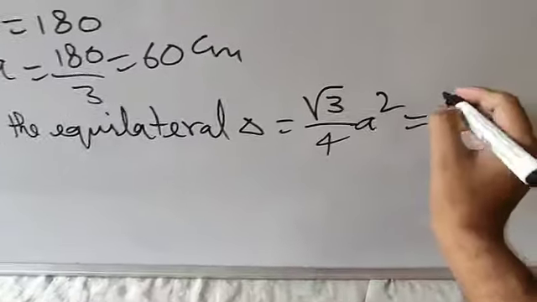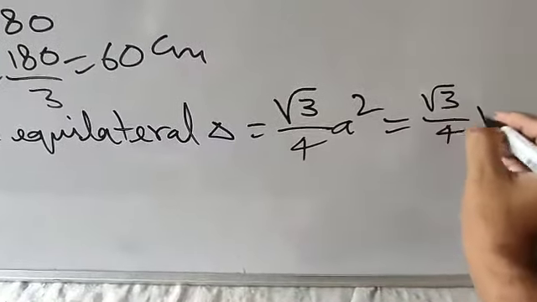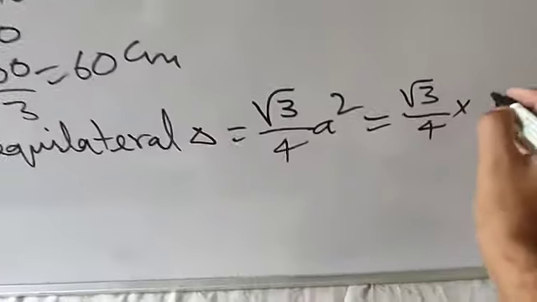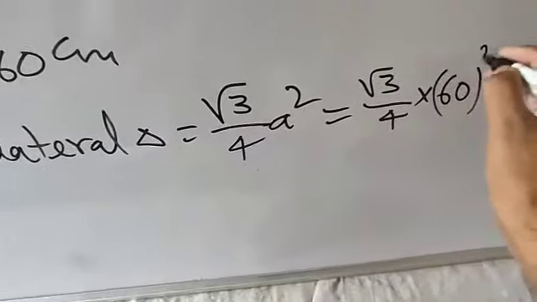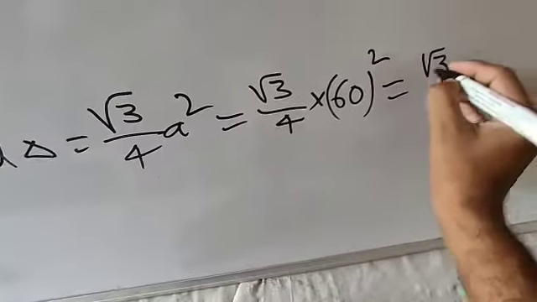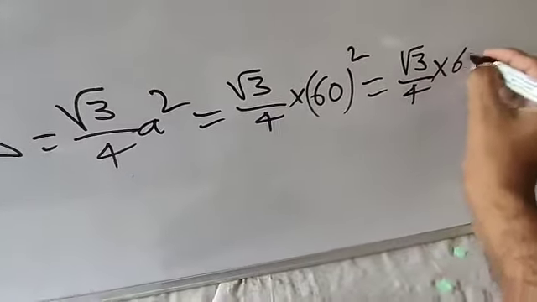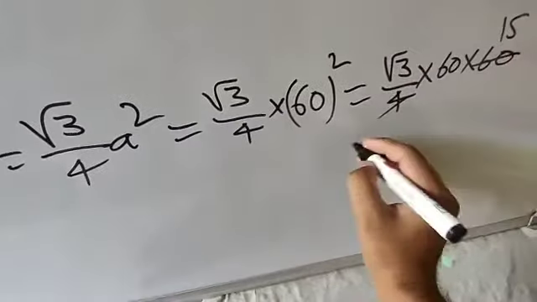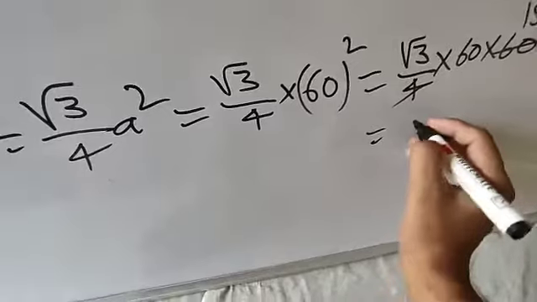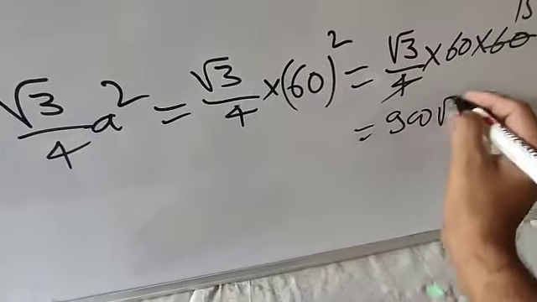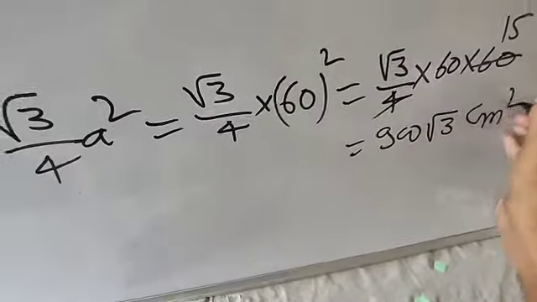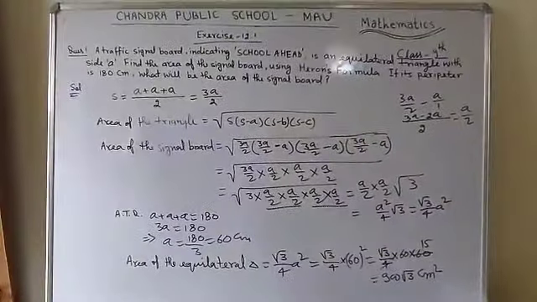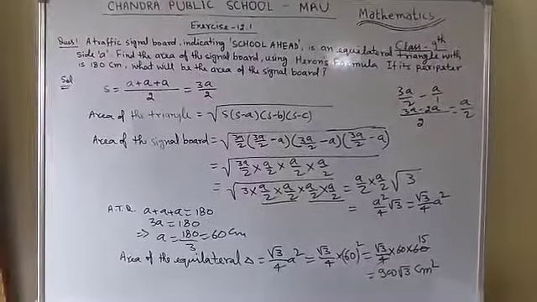It is written as root 3 by 4 into, and now the side you got for this equilateral triangle is 60 centimeter, so into 60 square. So it can be written as root 3 by 4 into 60 into 60. It will be 15 into 60, that will be 900 root 3 centimeter square. So that will be the area of that equilateral triangle. So it is the complete solution of question number 1.